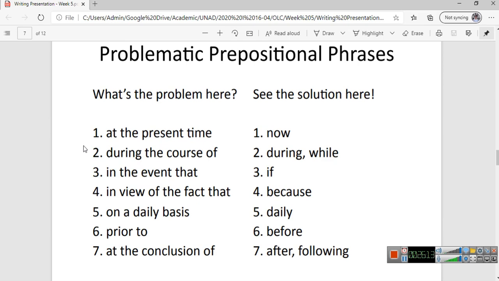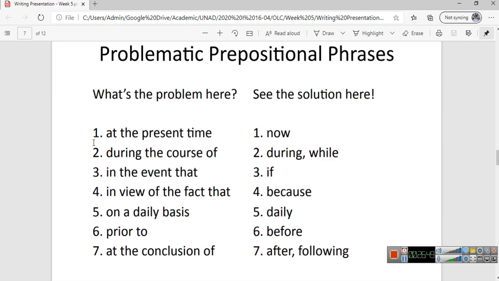Most of the time, we tend to use the problematic prepositional phrases. "At the present time" can be simply replaced by "now." "During the course of" can be replaced by "during" or "while." The same case: "in the event that," "if"; "in view of the fact that," "because"; "on a daily basis," "daily"; "prior to," "before"; "at the conclusion of," "after" or "following."